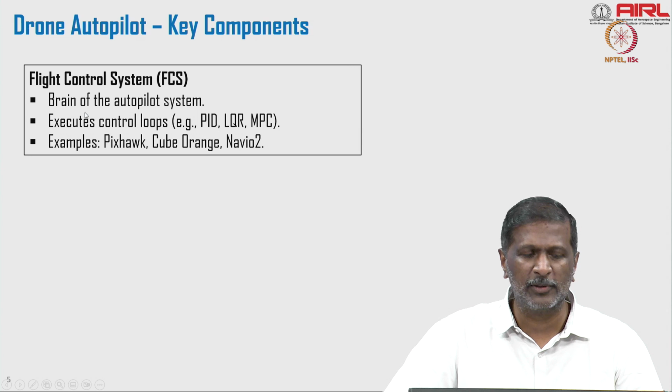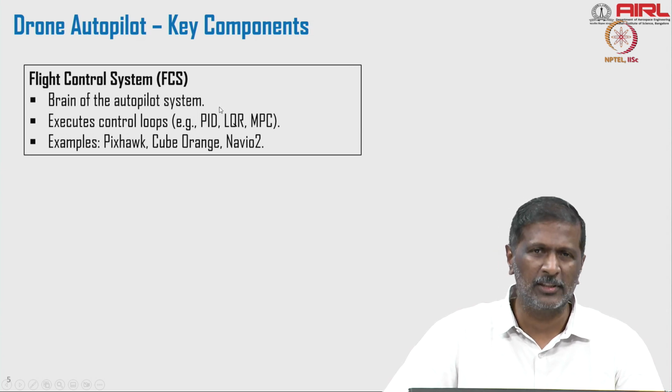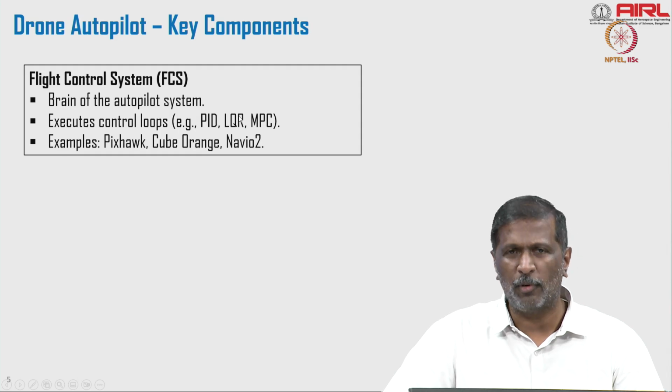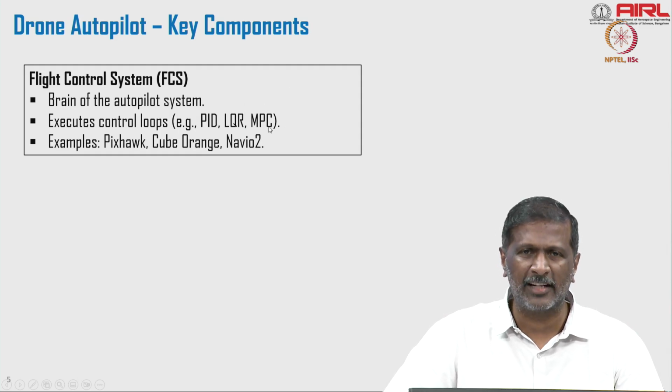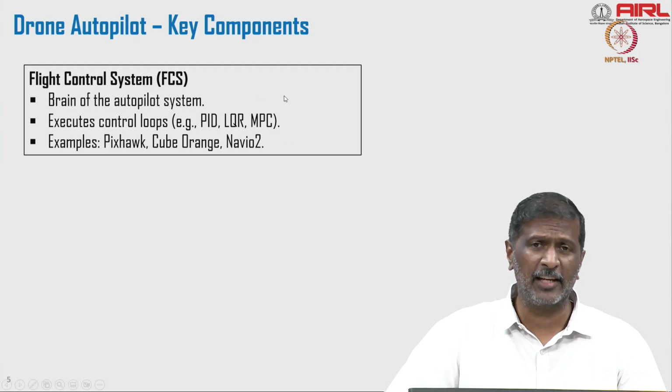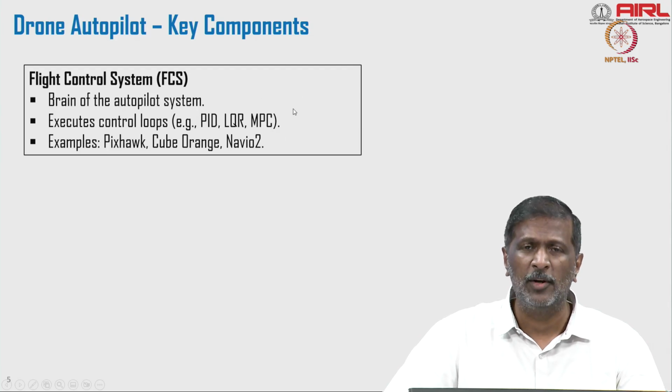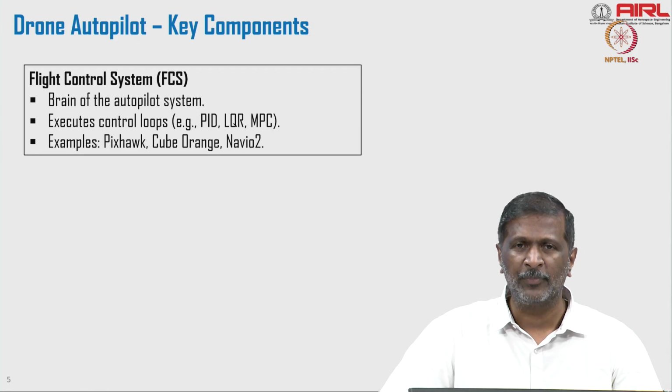That control loop is going to be done here. It could be either PID based, proportional integral derivative, or modern controls like LQR, or I can go with model predictive control, more robust control systems. I can use any of these to achieve what I want.